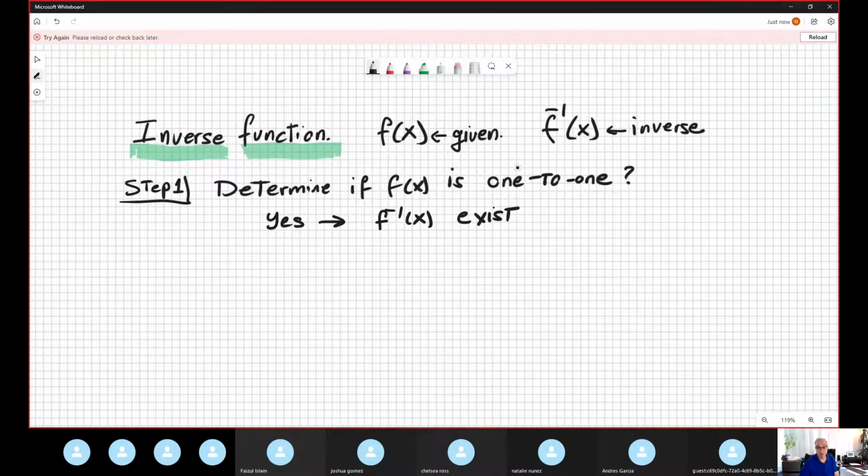Otherwise, the answer is no, no inverse function. No inverse.